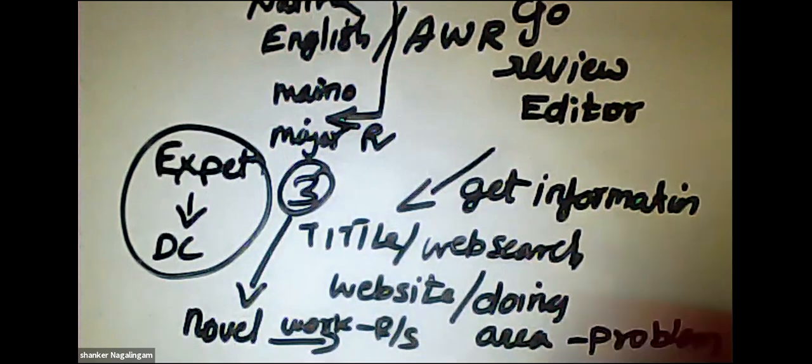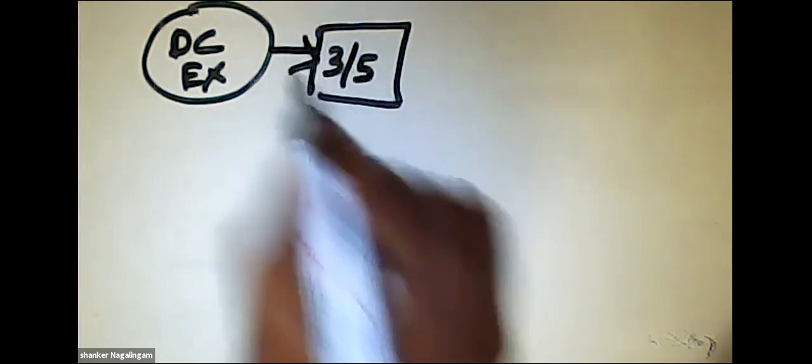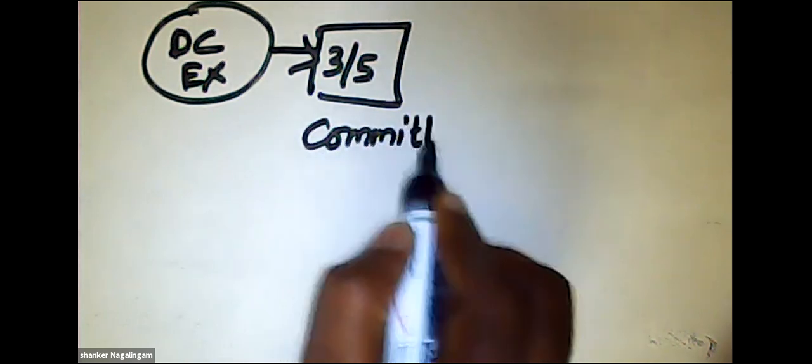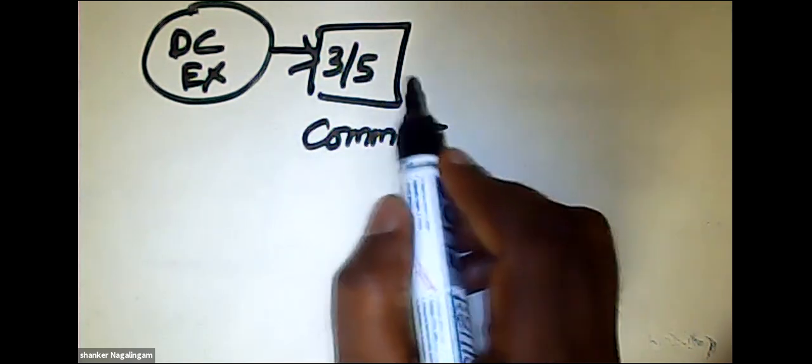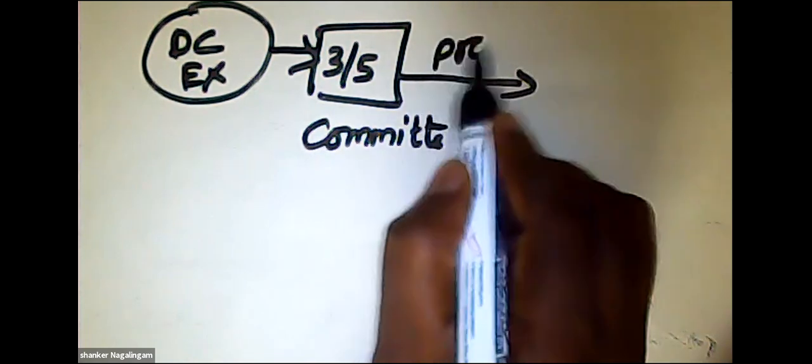Some universities will have an expert member. In total there will be three to five people in the committee, and these committee members will decide whether your proposed work is novel.